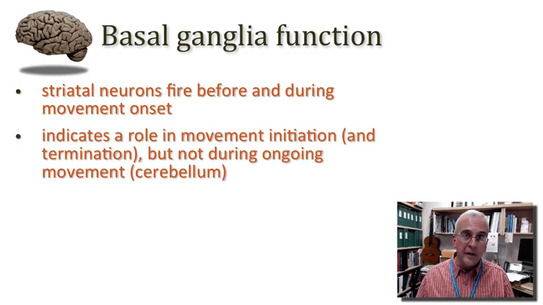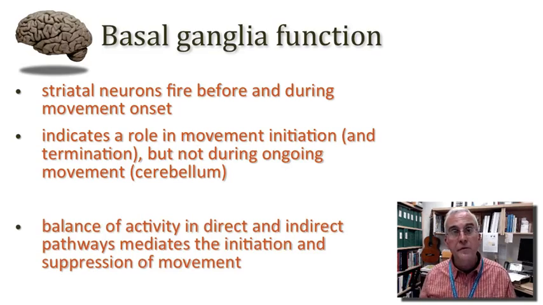But the basal ganglia are much less critical during the ongoing expression of a motor program. As we'll see in a future session, that's the function of the cerebellum. And what I want you to understand is that it's the balance in the activity between the direct and the indirect pathways that mediates the initiation and the suppression of movement.